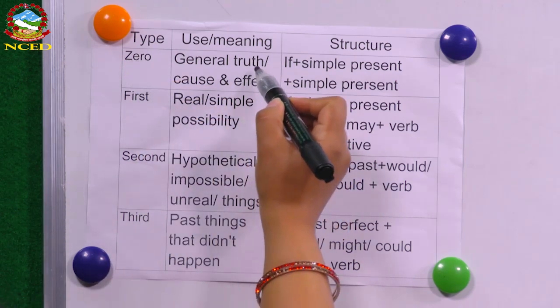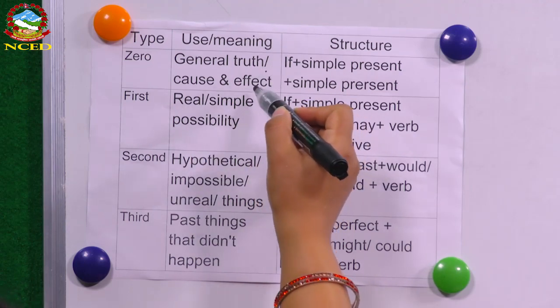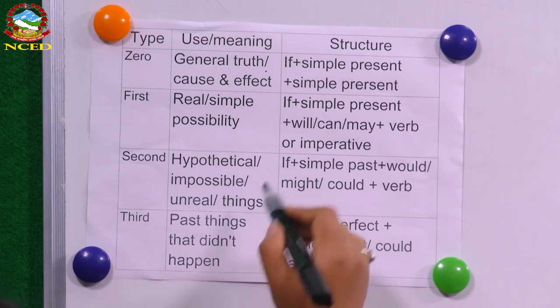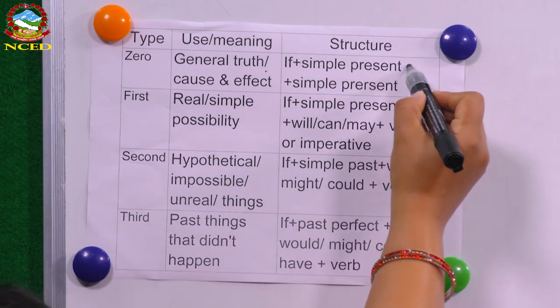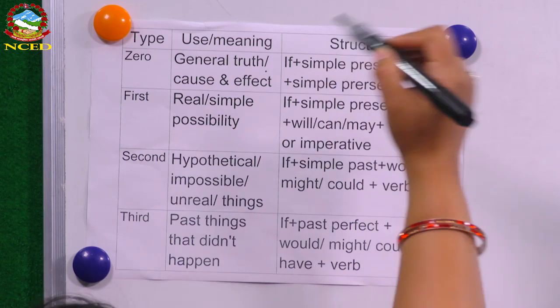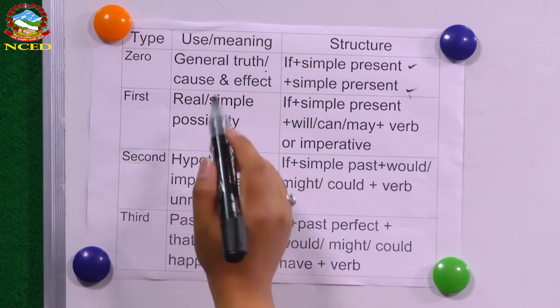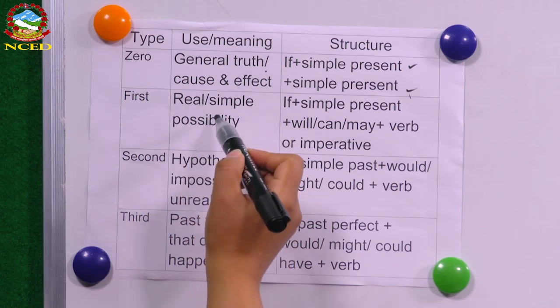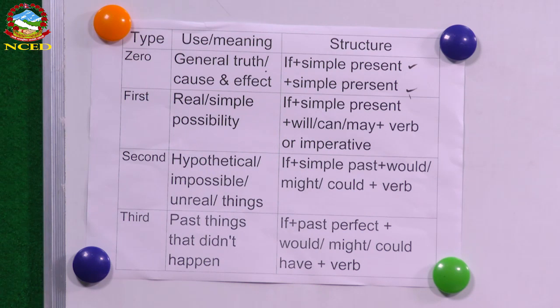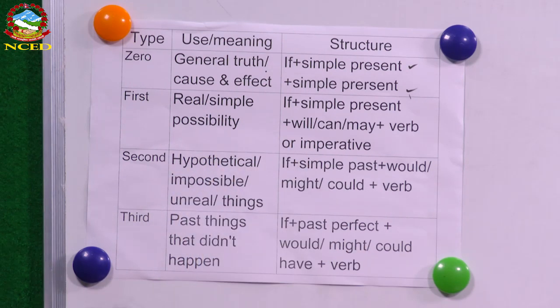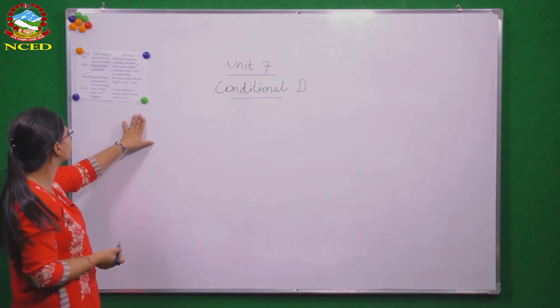Zero conditional talks about general truth or cause and effect, something which is always true, okay? And the structure is the if clause is in simple present tense and the main clause is also in simple present tense, okay? And the first type of conditional talks about something real or something possible. सम्भावना भएको कुरा, it talks about either present or future. अहिले सम्भावना भएको अथवा भविष्यमा पनि सम्भावना भएको, okay?